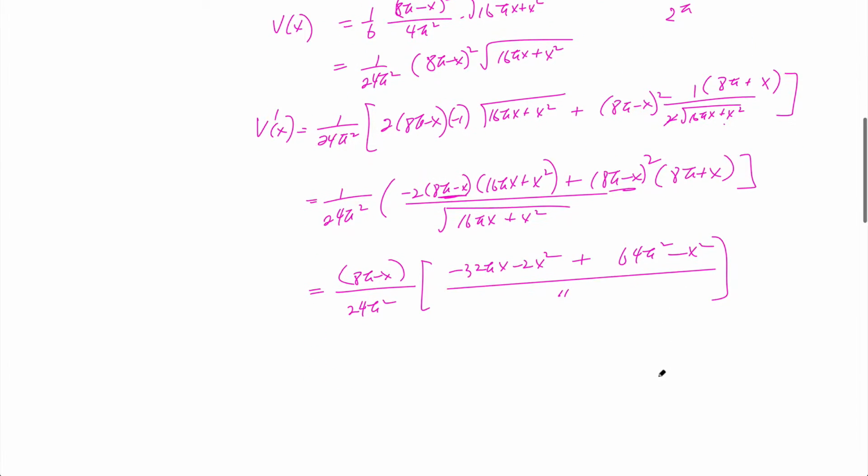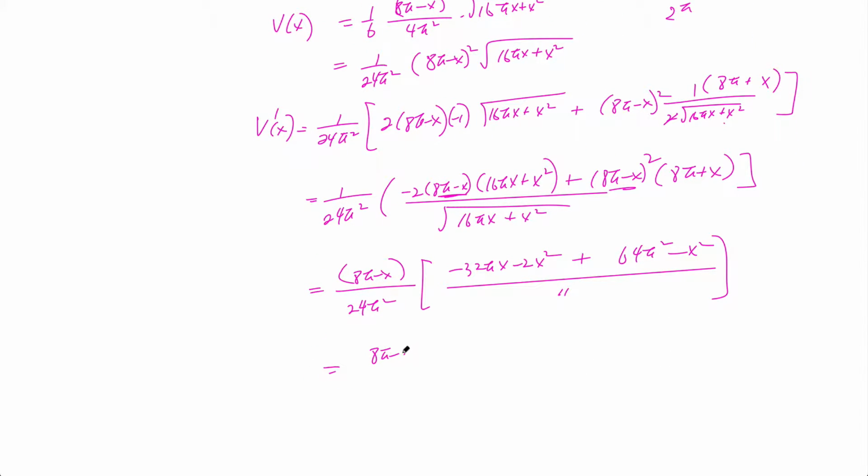Same thing at the bottom. So that's minus 3x squared. And so minus 3x squared minus 32 pi x plus 64 pi squared. That's a constant term, x term, x squared term.